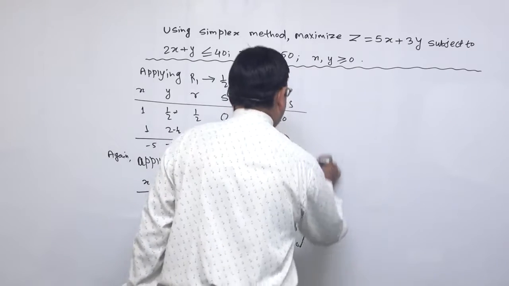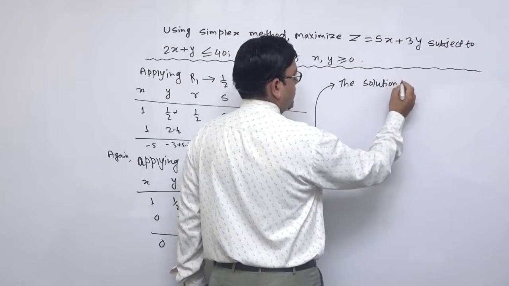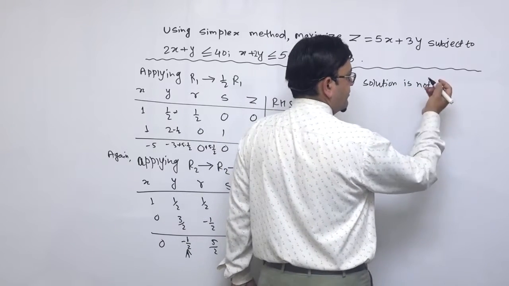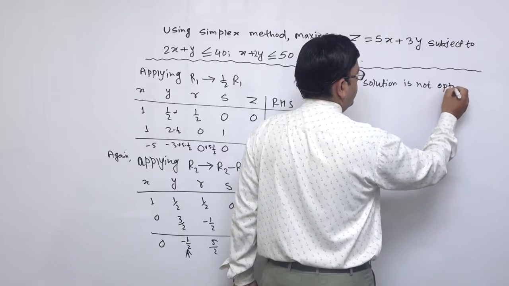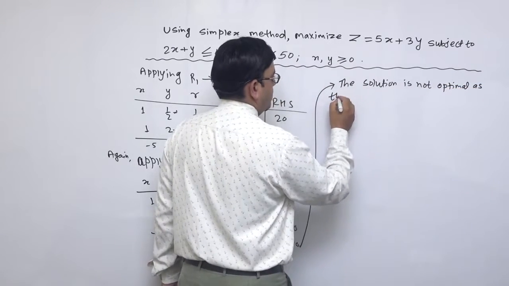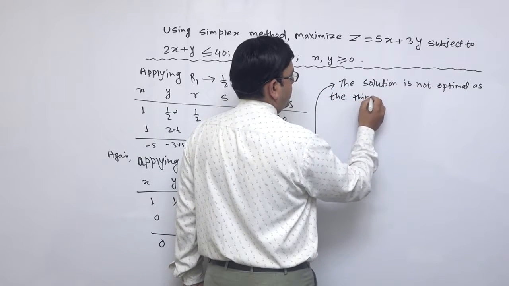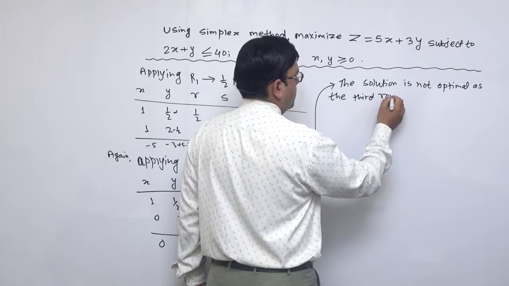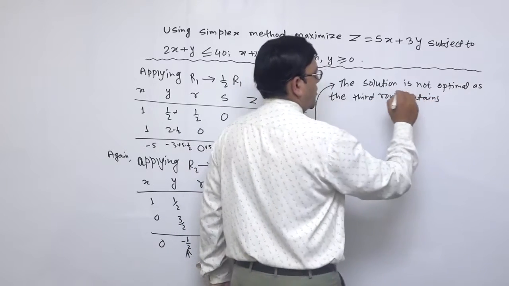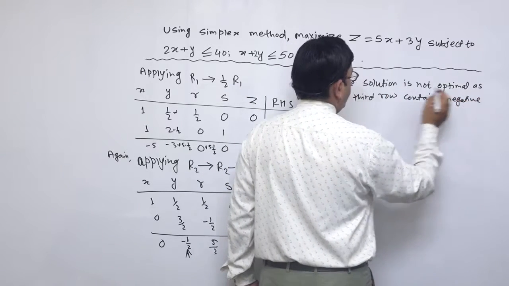यसपछि हेर्नुस् है त यहाँ the solution is not optimal as the third row contains negative entry.